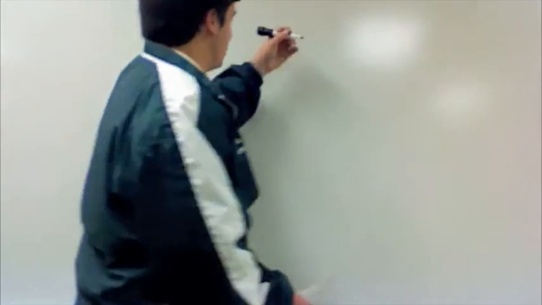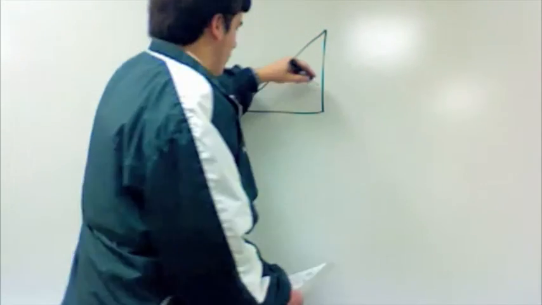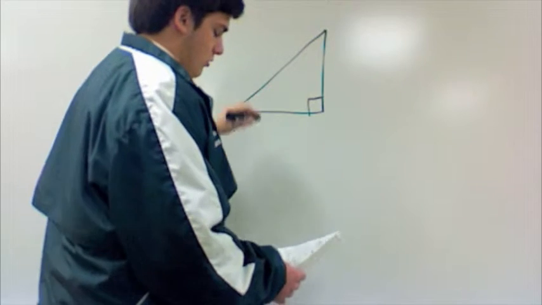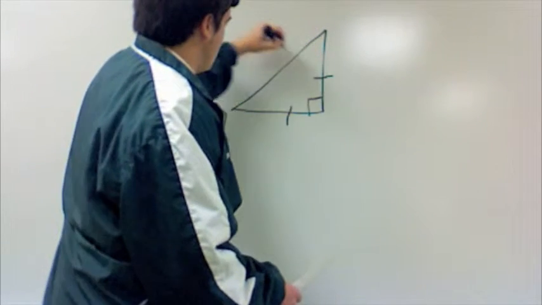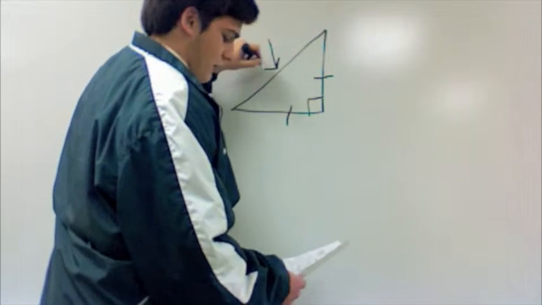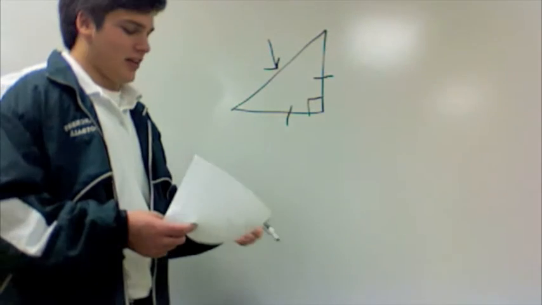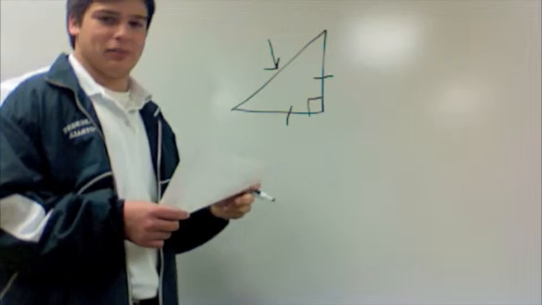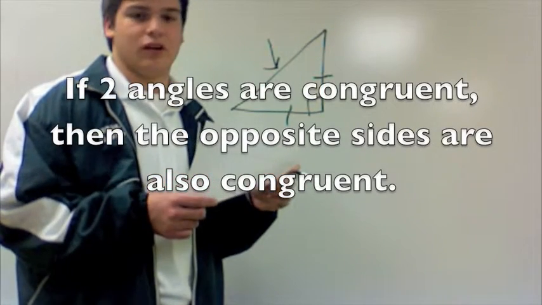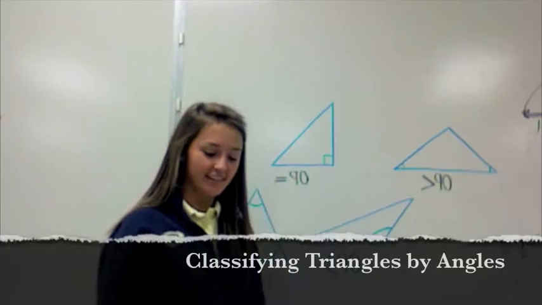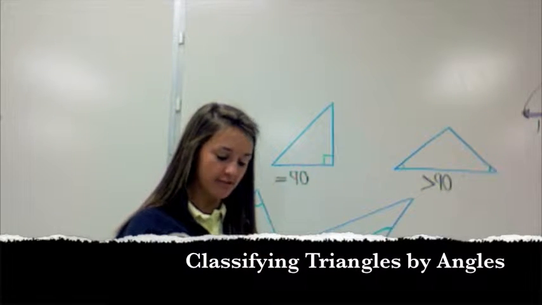A right triangle has a 90 degree angle with two legs. And there's also the hypotenuse, which is the longest side. And then the isosceles theorem is a biconditional that says that if two angles are congruent, then the opposite sides are also congruent.